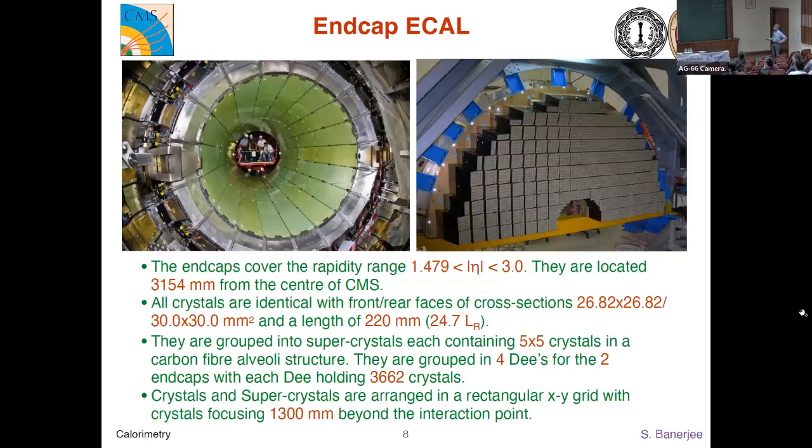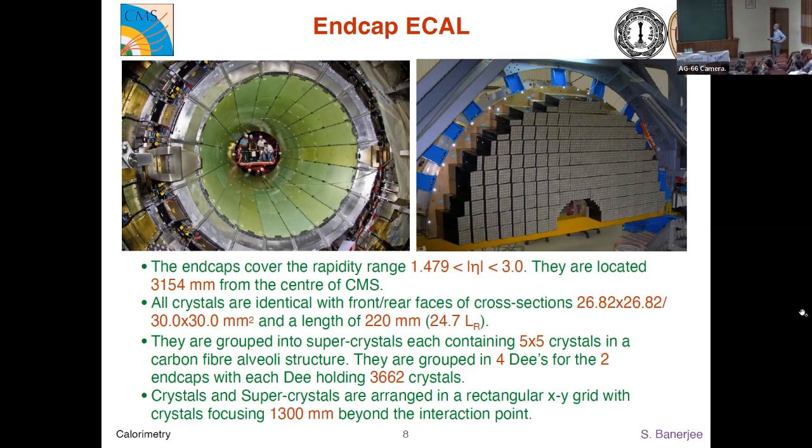For the end cap, it was something different. The end caps cover a rapidity range of 1.48 to 3. The important thing in the end cap is that more particles go there, so it has to be much more radiation hard.